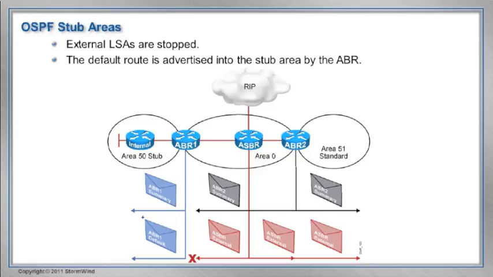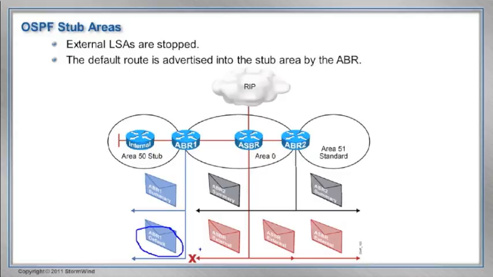It sends in a default route. It dynamically sends in this default route so those particular devices will indeed know how to get to the external LSA 5s that got filtered.